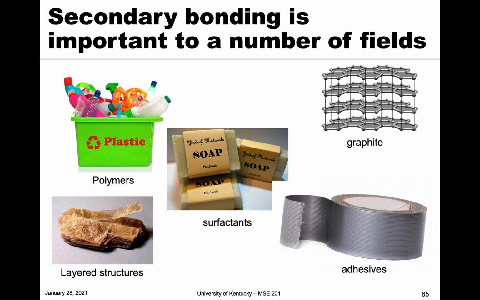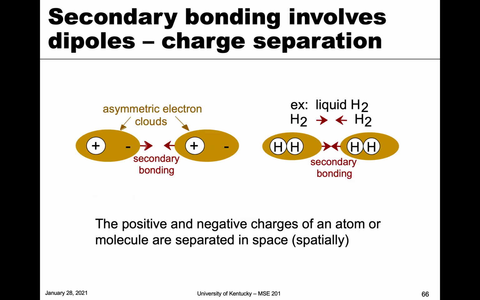So let's get into a little bit about what secondary bonds are. Secondary bonding involves what we call dipoles. A dipole is basically some molecule where we have charge separation. Let me explain what that means.